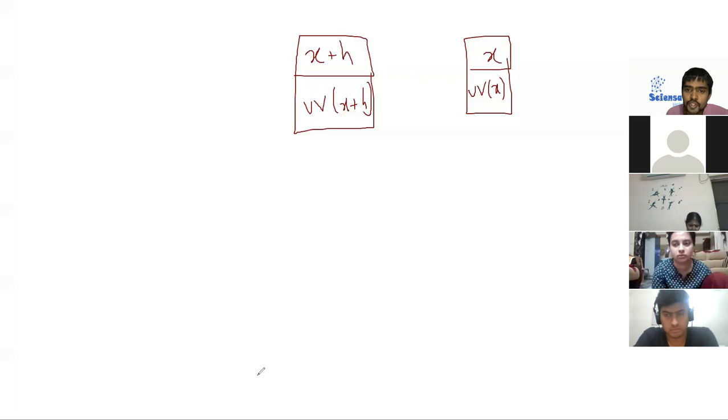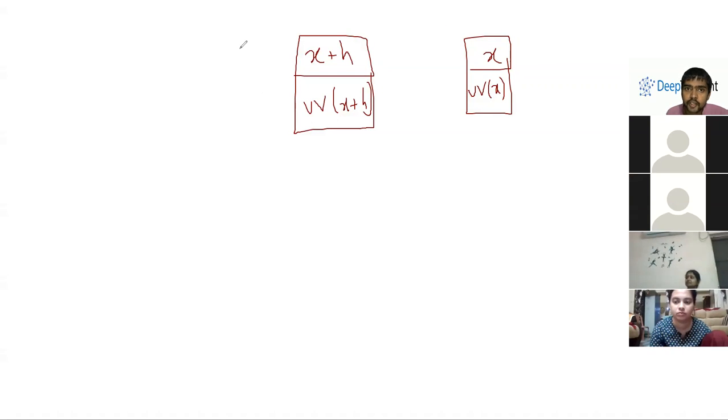Now, if you have to see it through a story, at time 9 o'clock, the position was 10 kilometers. At time 10 o'clock, the position was 15 kilometers. So what is the speed?